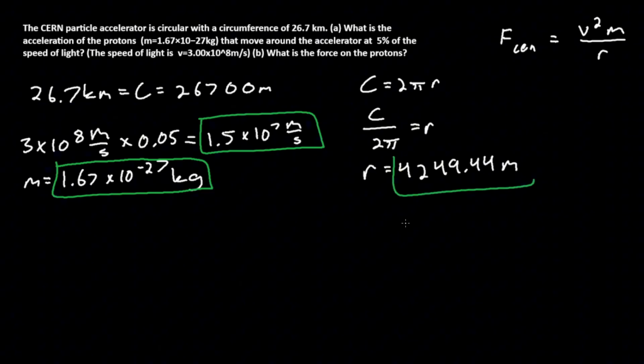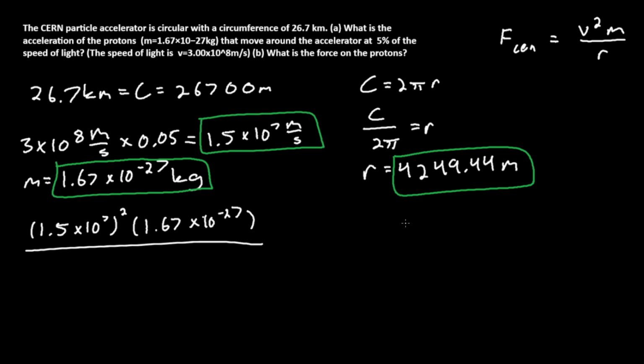Now we have all the tools we need in order to solve for our centripetal force. So let's do 1.5 times 10 to the 7 squared times a mass of 1.67 times 10 to the negative 27 kilos over the radius, which is 4,249.44 meters.